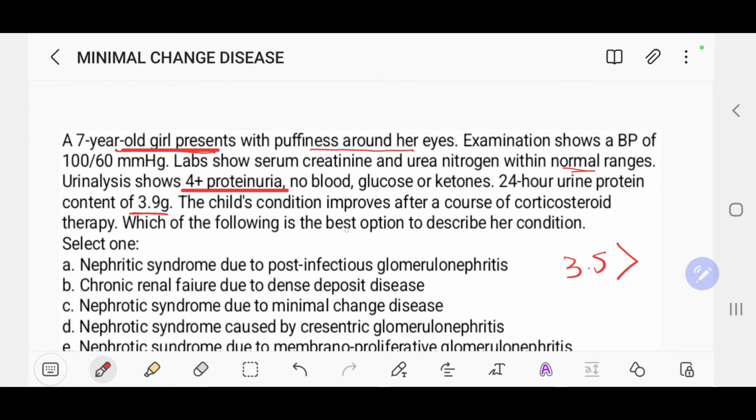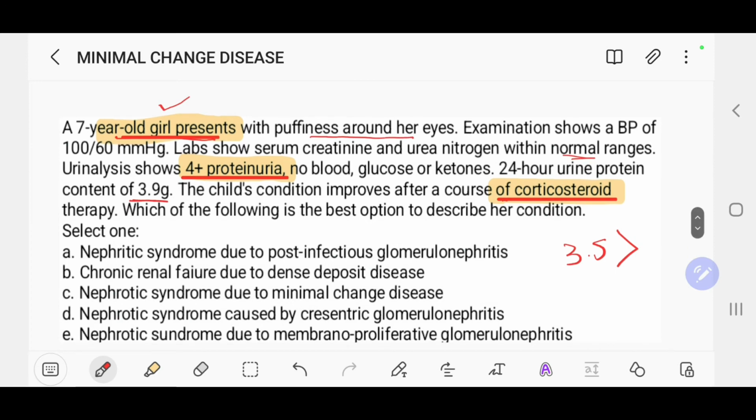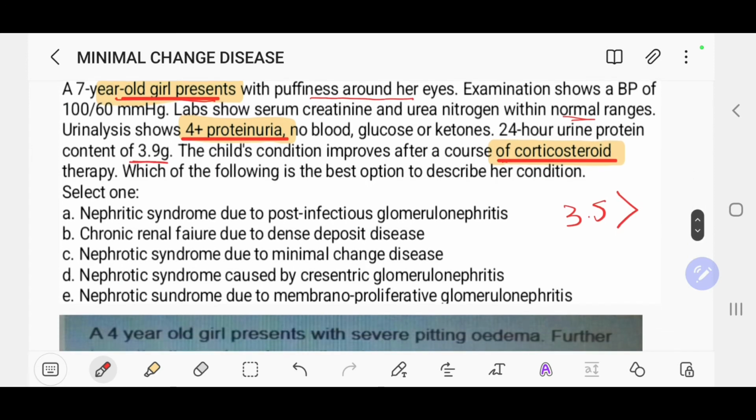Remember, the child's condition improves after a course of corticosteroid. This is important, this is important. From these findings I get that this is nephrotic syndrome, and from the improvement with corticosteroid I get that the patient has minimal change disease, and also this is a child, so epidemiology fits.